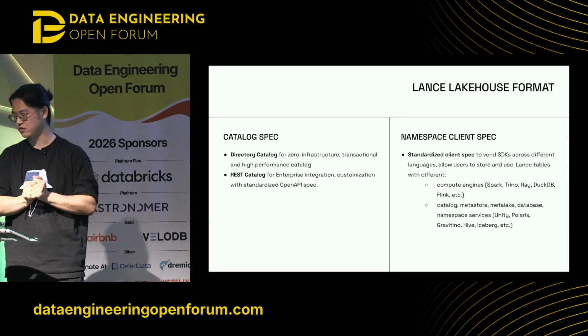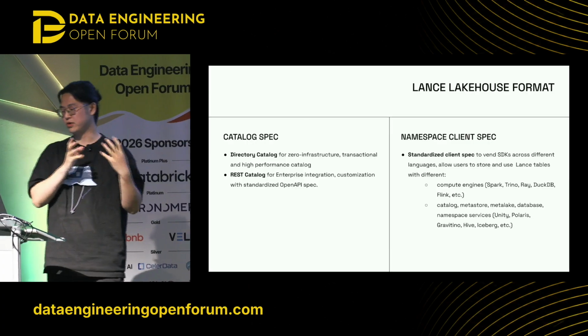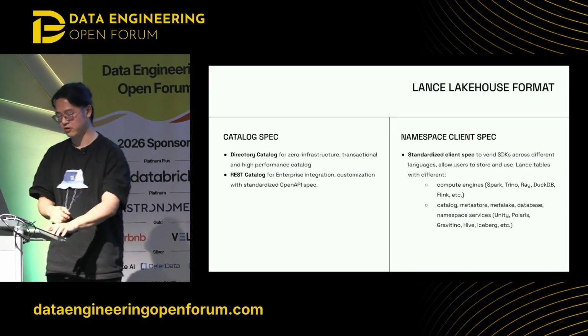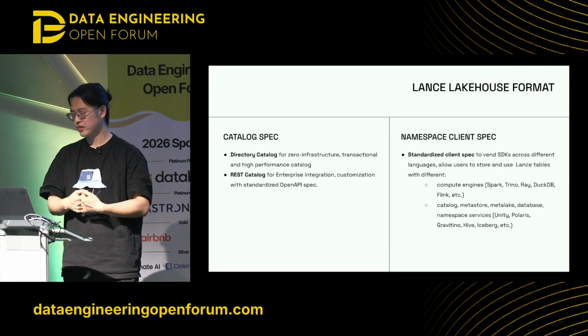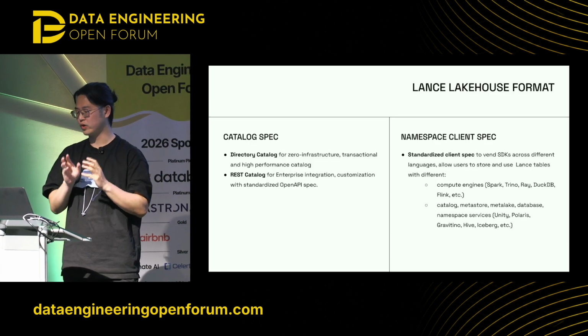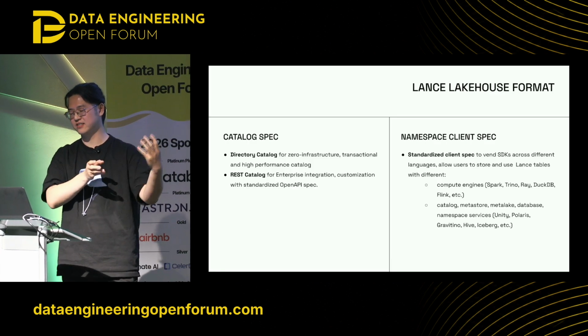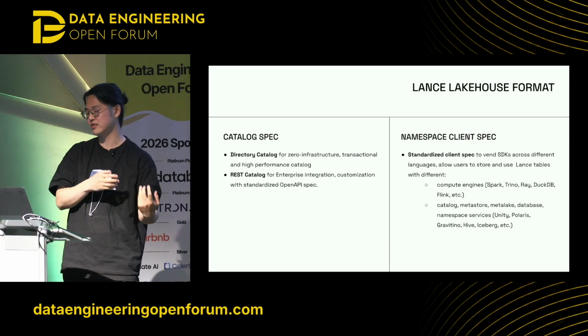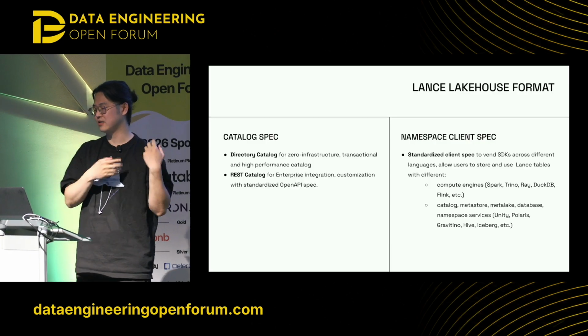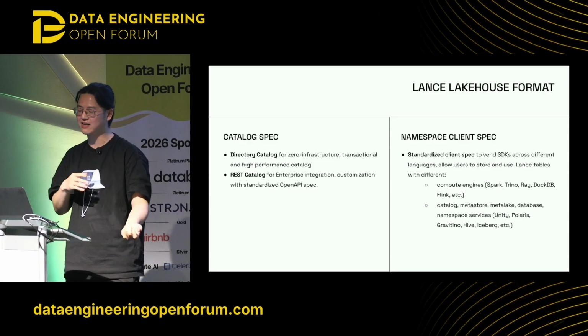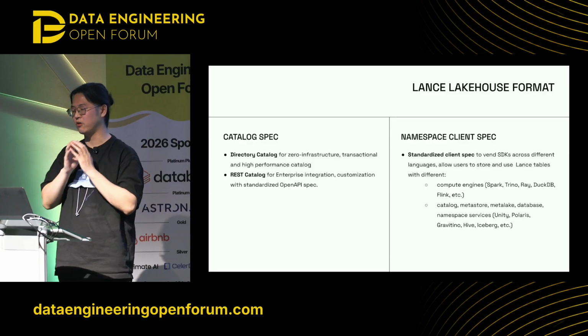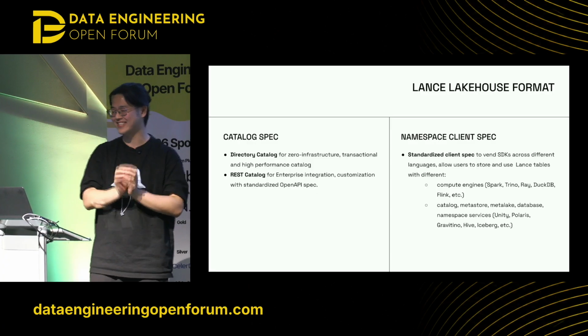That is used to standardize the interaction between the compute engine and the catalog layer, so that we have exactly the same way when we connect to not just the directory catalog and the REST catalog, but also if you want to store a Lance table in, let's say, Unity, Polaris, Gravitino, and all these new catalogs, you can still do that, and it all works in exactly the same way.